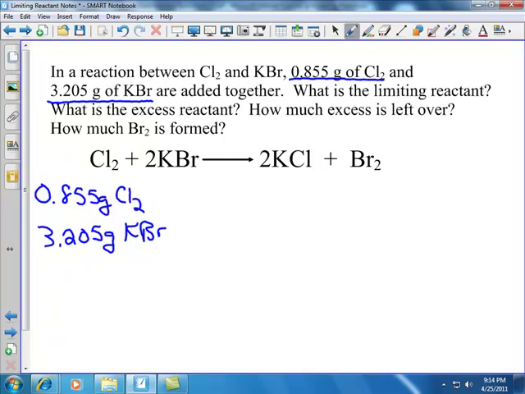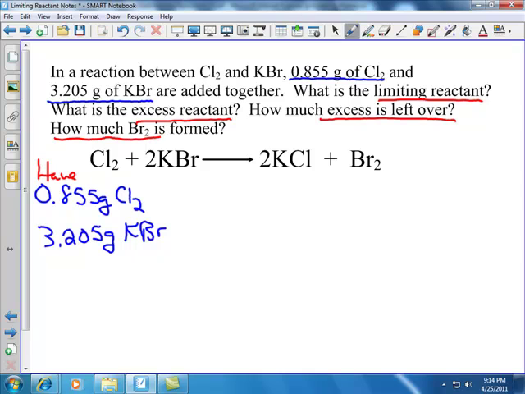And one of the things that I really want you to focus on is that you need to pay attention to the fact that this is what you have. I have this amount. That's what I'm starting with, and they are both the reactants. Rewrite this. That's what I have. What I'm trying to find out is which one of these is limiting, which one is excess, and then I'm going to find out how much excess is left over.